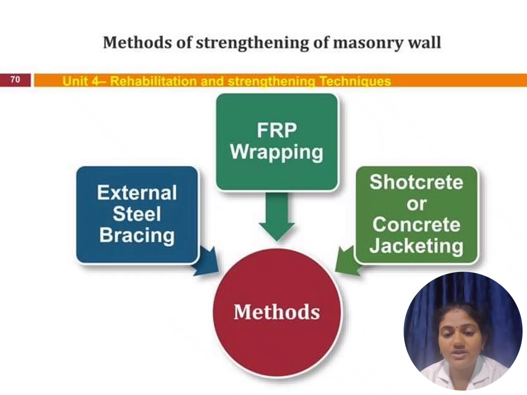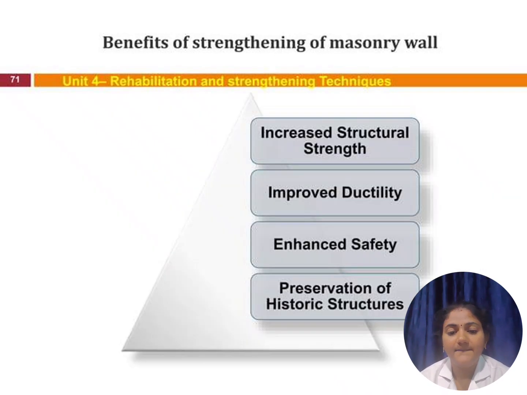And methods of strengthening masonry walls include external steel bracing, FRP wrapping, and shotcrete or concrete jacketing. And the benefits of these strengthenings are increased structural strength, improved ductility, and preservation of historical structures. And these repairs are mainly made to maintain the architectural purpose and monument structures.